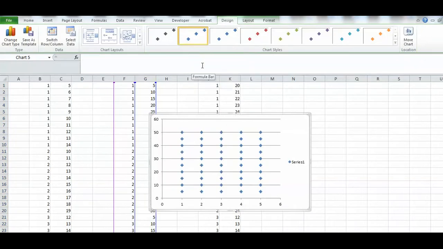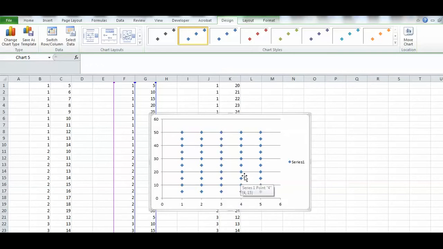Overall, it's a square because these 10 people with 1 child are all working between 5 and 50 hours per week. These 10 people with 2 children are working between 5 and 50 hours per week. The same thing over here. These people with 3 children are all working between 5 and 50 hours per week.